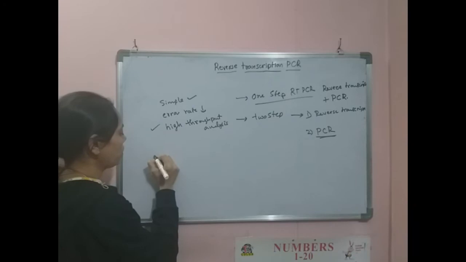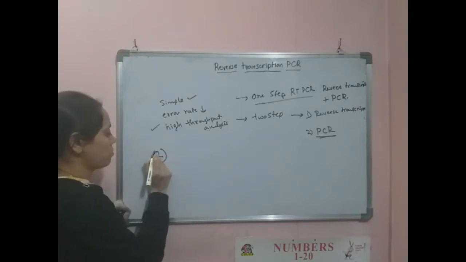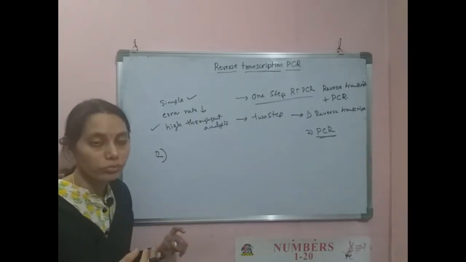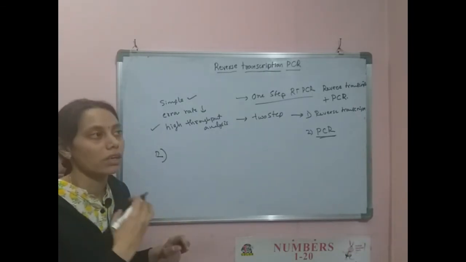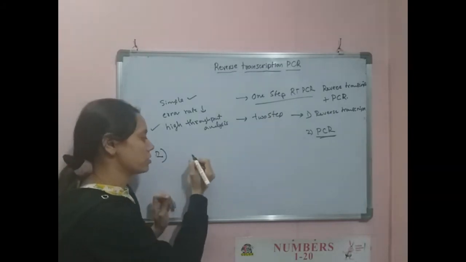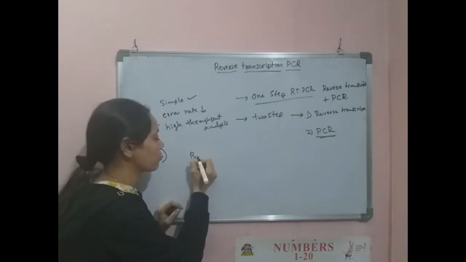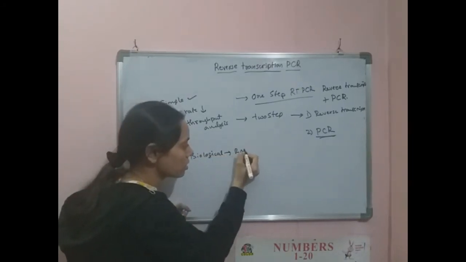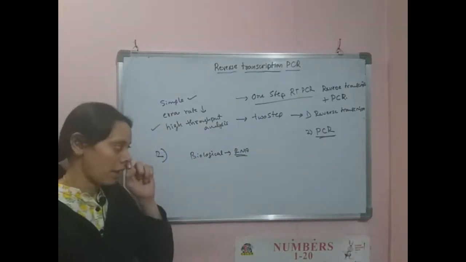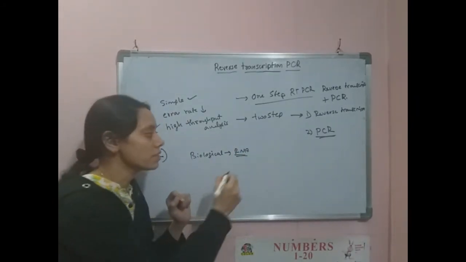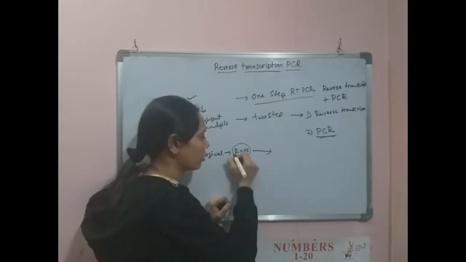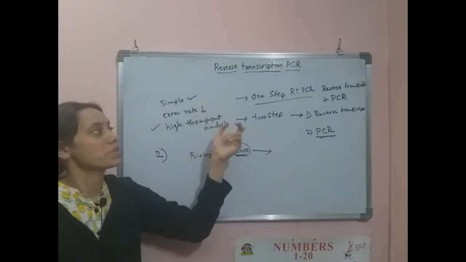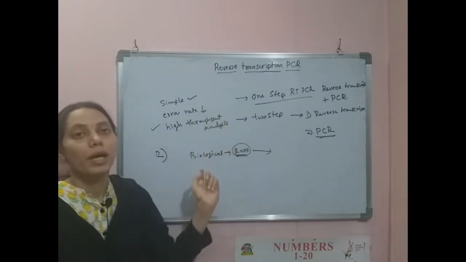The advantage of two-step RT-PCR is basically this: say, for example, we have a biological sample from which the RNA is isolated, and the total amount of RNA is generally consumed in one-step PCR. So we cannot go back to the template again.